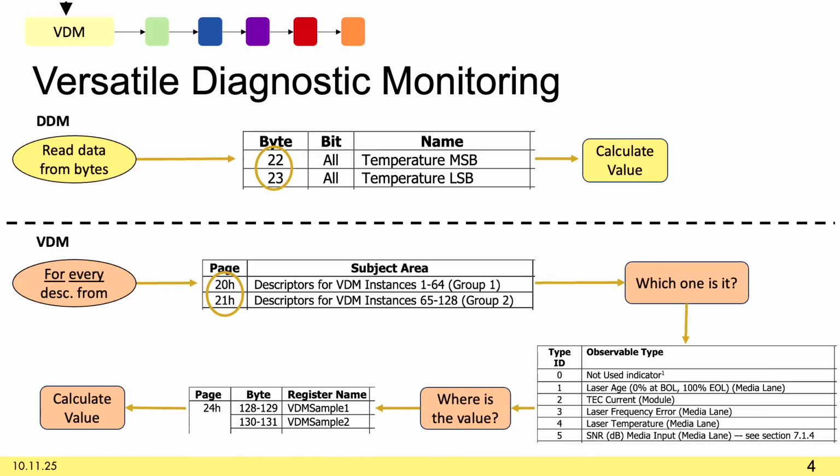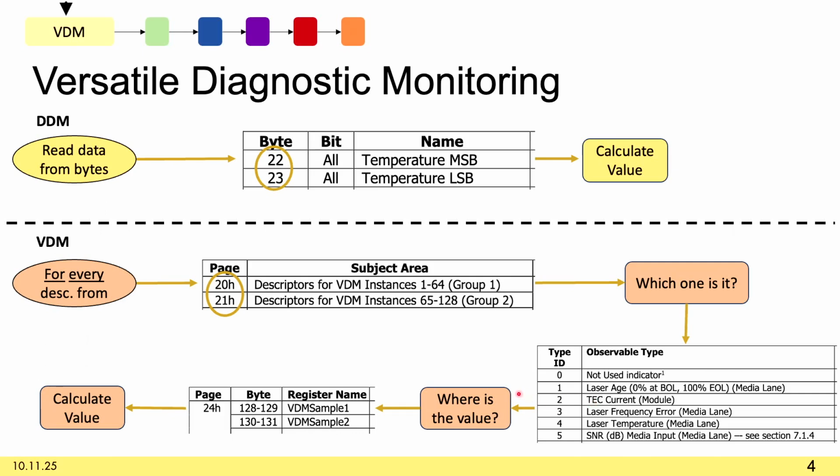With the Versatile Diagnostic Monitoring, VDM, you look at a certain page that is specified, which is page 20, and if you find out that the values within this page are different than 0, let me put the laser pointer here, I think that's more convenient to see. For example, what you could do is write a software. You iterate over all the values within this page, and with that you get your type ID. If it's 0, you ignore it, and if it has a value, you look into this value.